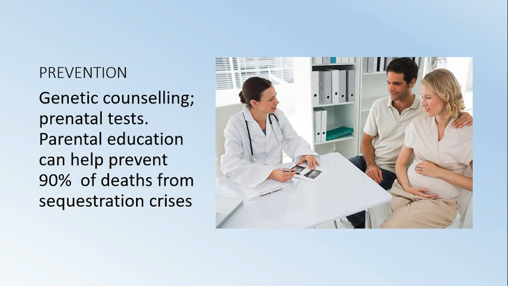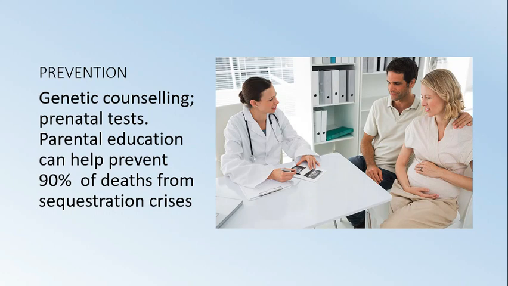And parental education also helps. Parents should be educated on how to manage certain crises as they come, especially the sequestration crisis, since it's very serious and these children are more susceptible to infection.